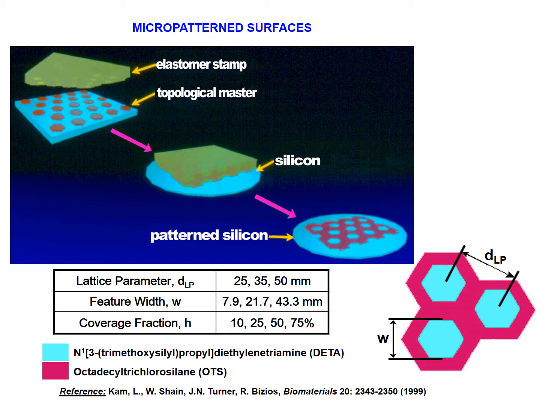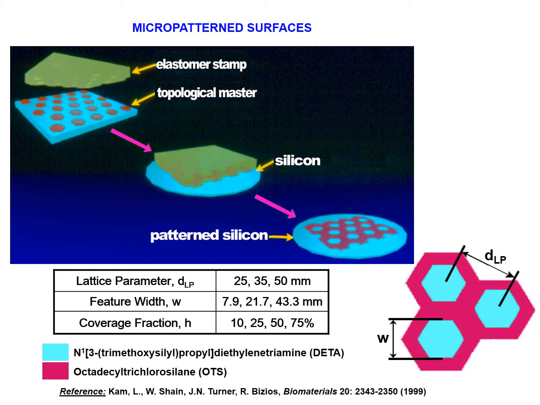The elastomer stamp, the area now that has the imprinted pattern, is painted with anything you wish. In the case of Lance's experiment, the appropriate proteins. It is placed very carefully on the surface of the material which you wish to pattern, placed there and not moved, not shaken, not wiggled for a period of time, and then very carefully removed.